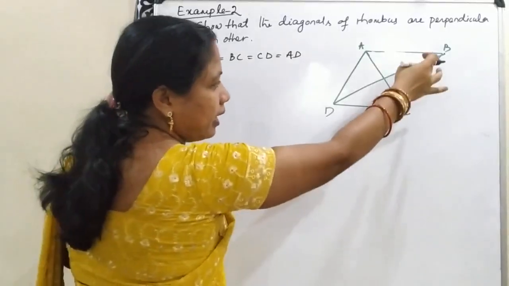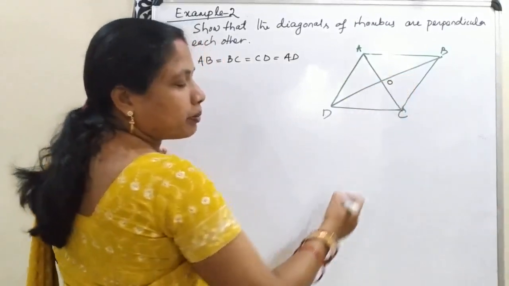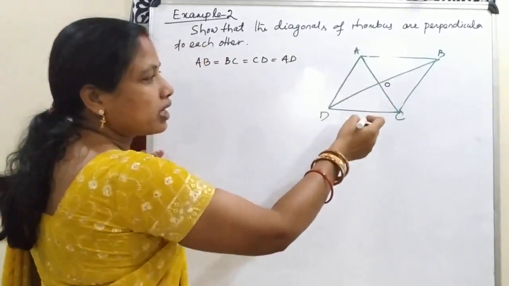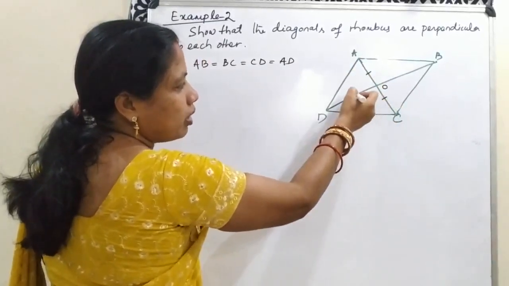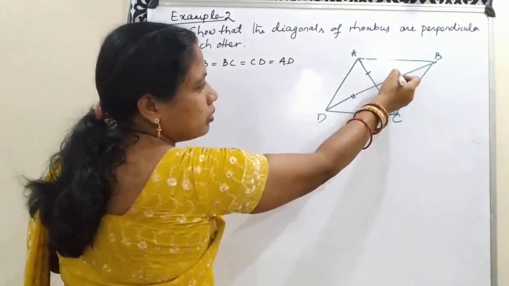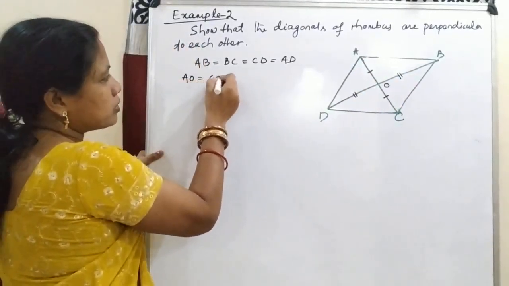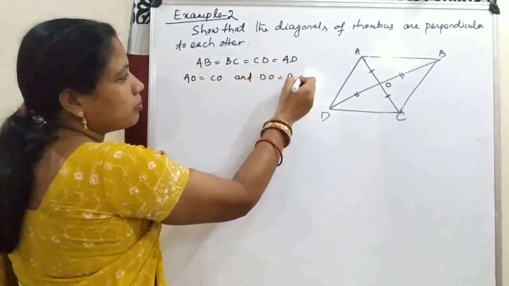AC and BD are two diagonals. They intersect each other at point O, and as in a parallelogram the two diagonals bisect each other, AO is equal to CO and DO is equal to BO.